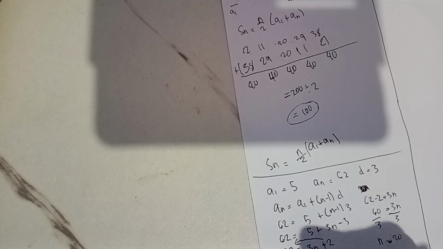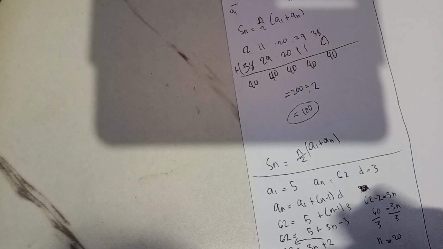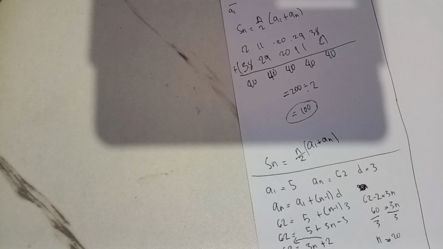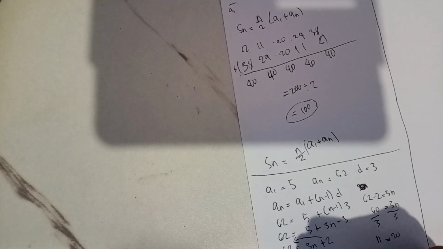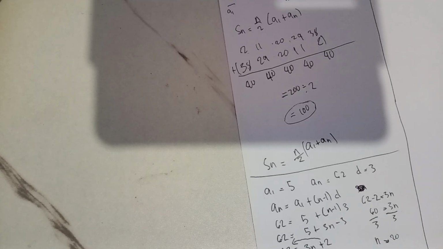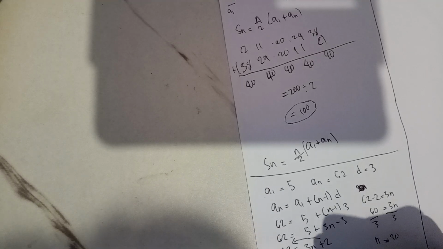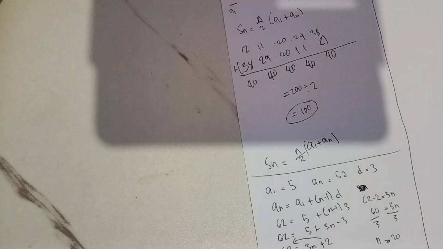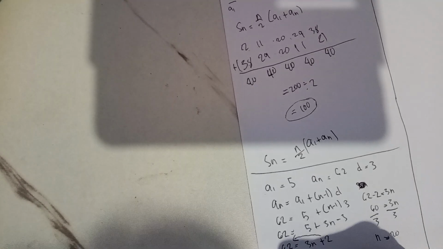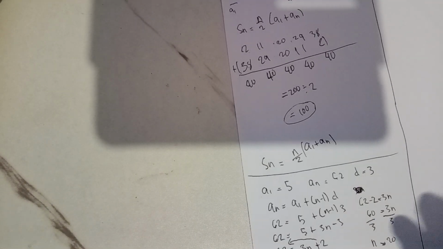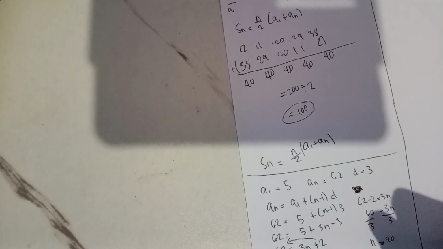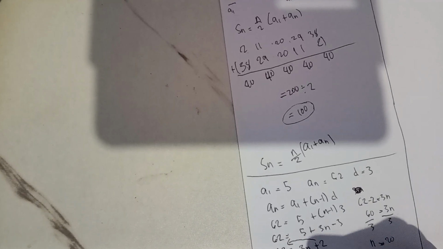Okay? So, arithmetic series n over 2, that is 20 over 2 times a1 plus an, that is 5 plus 62. So, Sn is equal to 20 over 2 times 5 plus 62, that is 67.